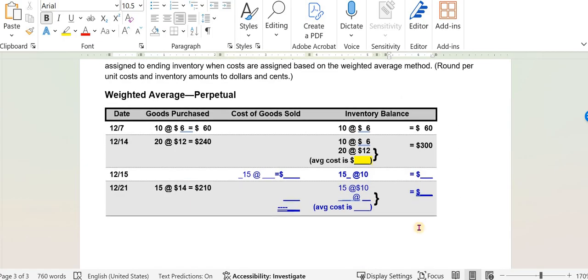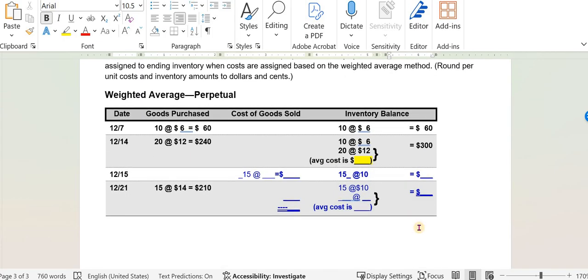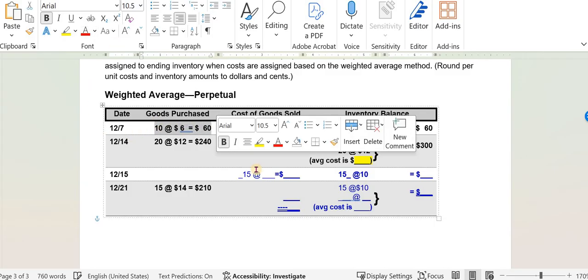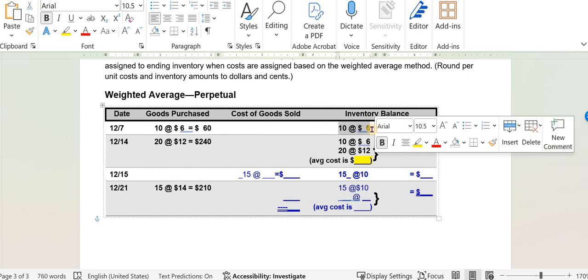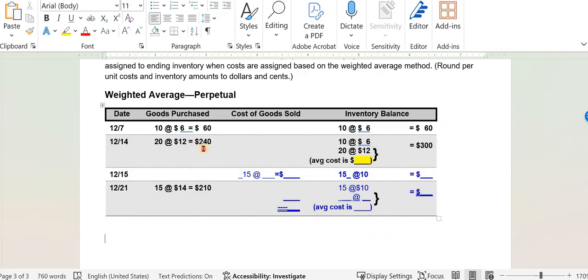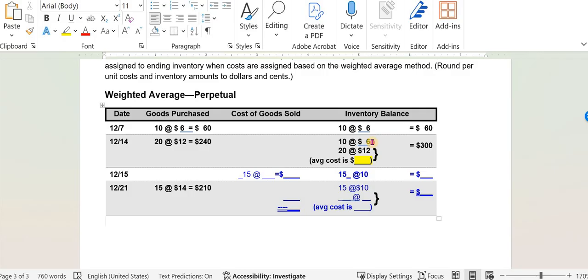Lastly, weighted average. Remember, we calculate a new average whenever we buy something. So here we bought 10 units at $6. Well, the average is $6. That's all we've bought. What happens next? Next, we bought 20 more units at $12. So we have to find the weighted average.